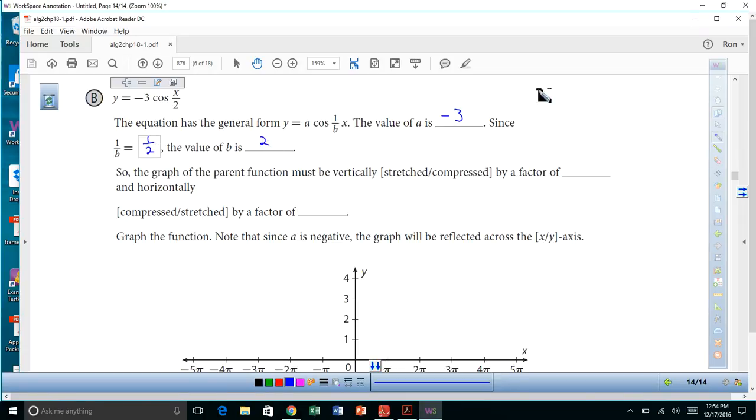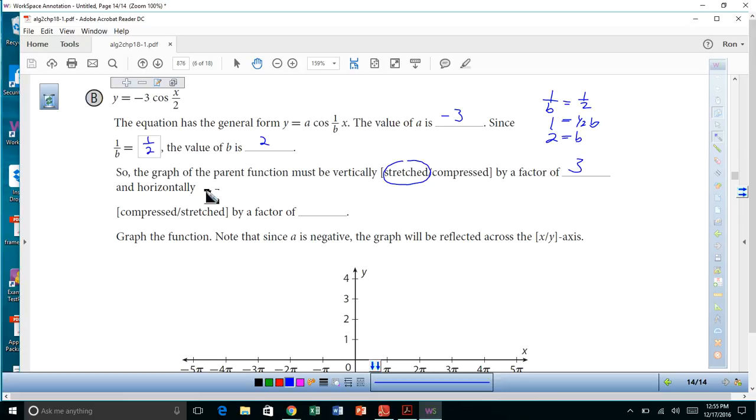Okay, so 1 over b equals 1/2. If you multiply both sides by b, you get 1 equals 1/2 b. Multiply both sides by 2, you get 2 equals b. So that's how that works. So the graph of the parent function must be vertically stretched by a factor of 3.